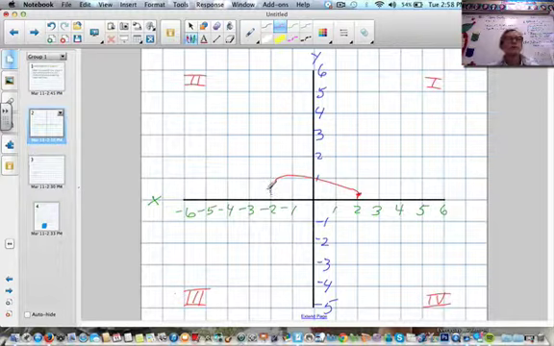Those are opposite places on the number line. Some other things to notice. Here's the y-axis going vertically, and if I move up, it's positive, and if I move down, it's negative.